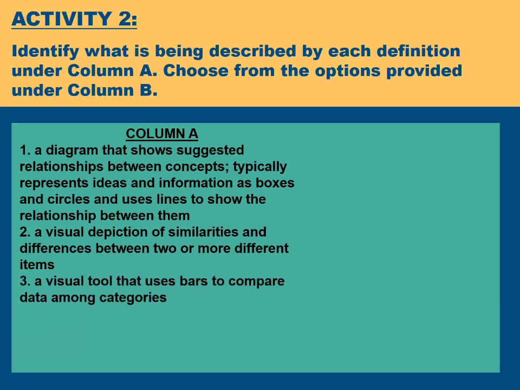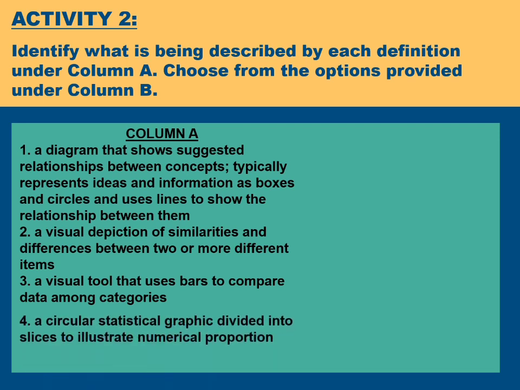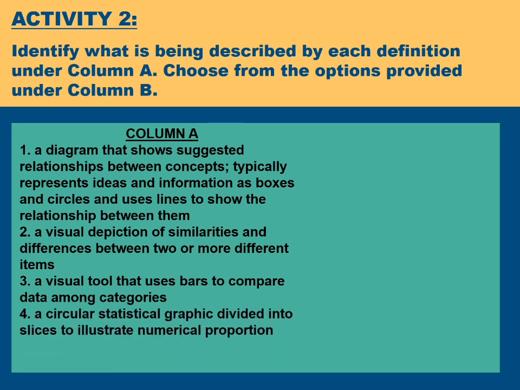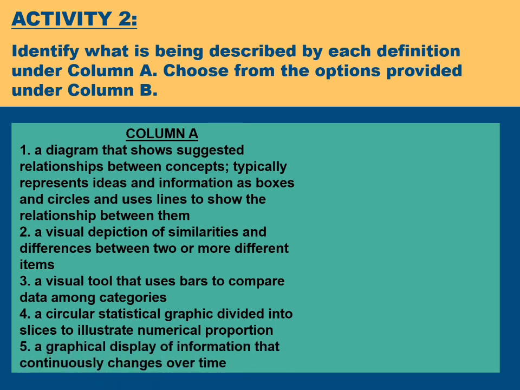Number 3. A visual tool that uses bars to compare data among categories. Number 4, a circular statistical graphic divided into slices to illustrate numerical proportion. And number 5, a graphical display of information that continuously changes over time.